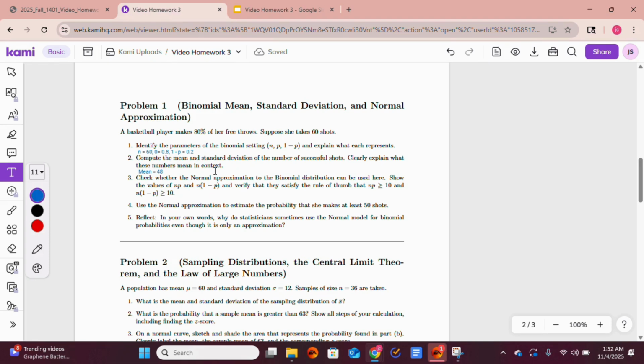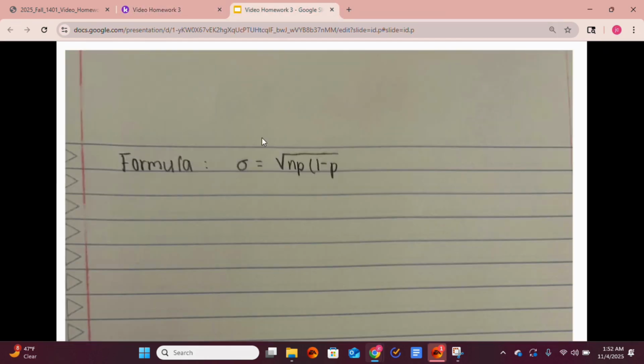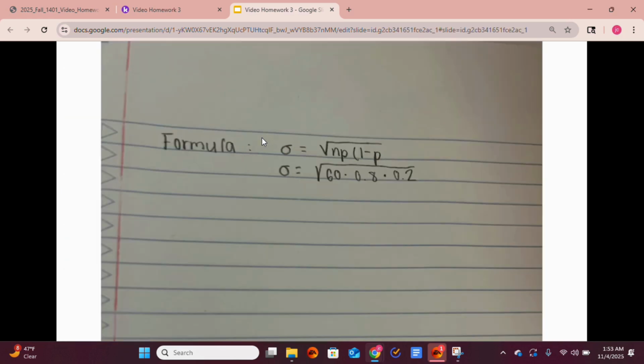Now for standard deviation, which tells us how much the successful shots may vary, our formula is standard deviation equals the square root of n multiplied by p multiplied by 1 minus p. Then we plug in our values to make it the square root of 60 times 0.8 times 0.2.